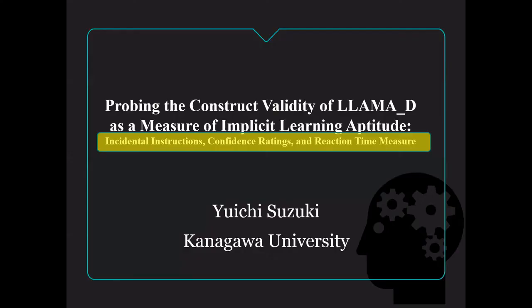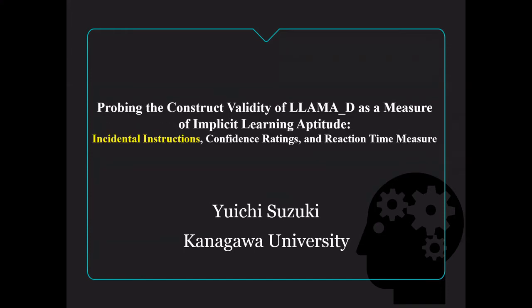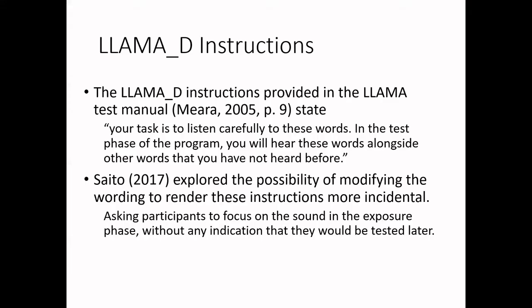And in order to further probe Granena's hypothesis, I'd like to scrutinize the validity claim for LLAMA D as an implicit aptitude test with special attention paid to three methodological features: incidental instructions, confidence ratings, and reaction time measures. Let's first take a look at incidental instructions.